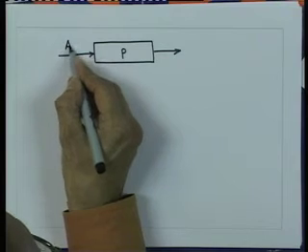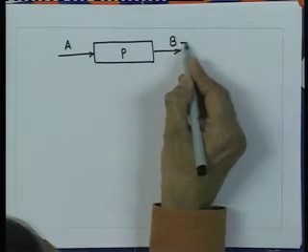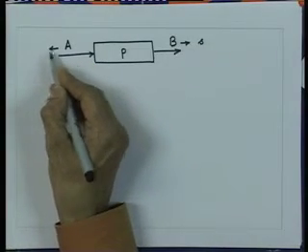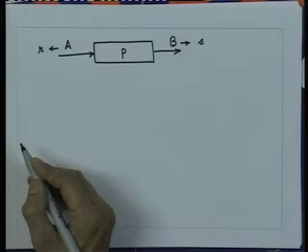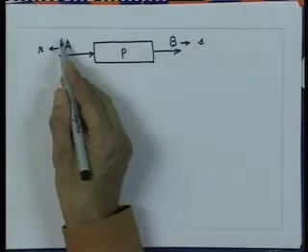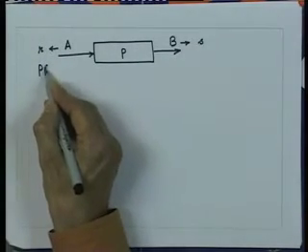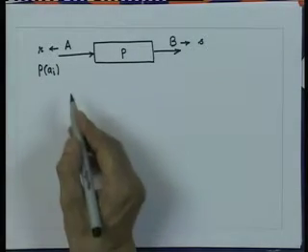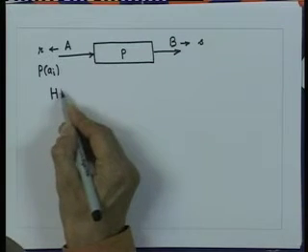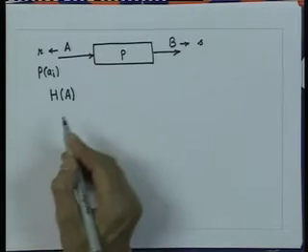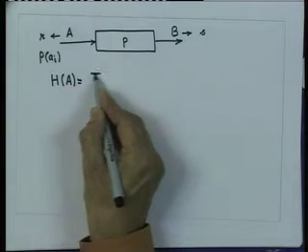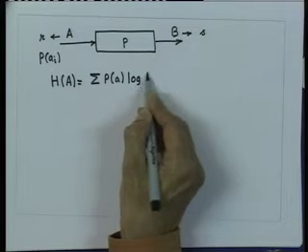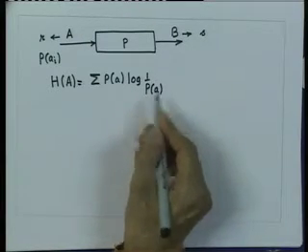So, we have A, we have B, the size of A is R and the size of B is S. Now, the inputs are selected according to the probability P(A_i) for i equal to 1 to R. So, the entropy of the input alphabet can be calculated as H(A) equal to the sum of P(A) log of 1 by P(A).